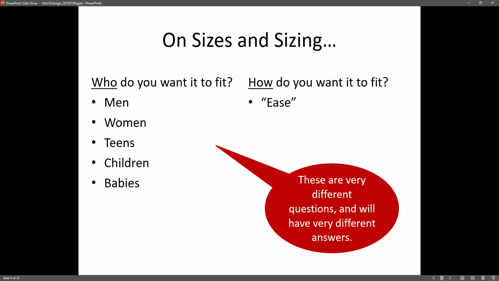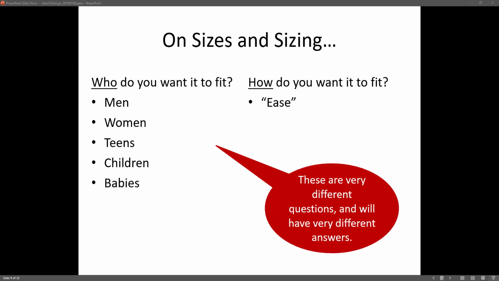Because you don't actually make a hat the same size as the head, right? Oh, what? That's interesting. So I'm glibly saying the hat's not the same size as the head. How did I learn that? How did I learn that a hat should fit with negative ease? Because that's really what this is about.